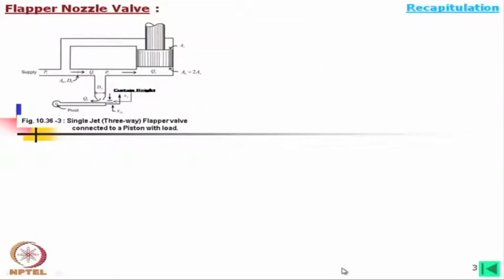Now, what is a flapper nozzle valve? We find that in the flapper nozzle valve, in case of the 3-way spool valve, we have seen that the spool is controlling the flow.